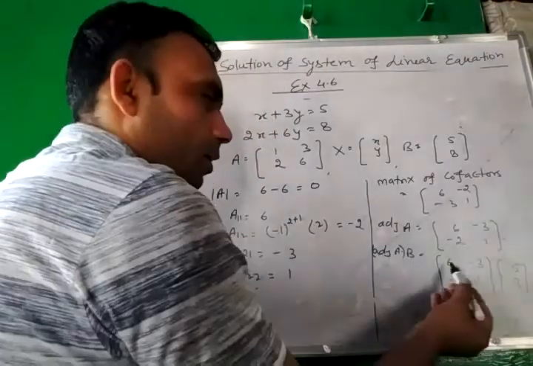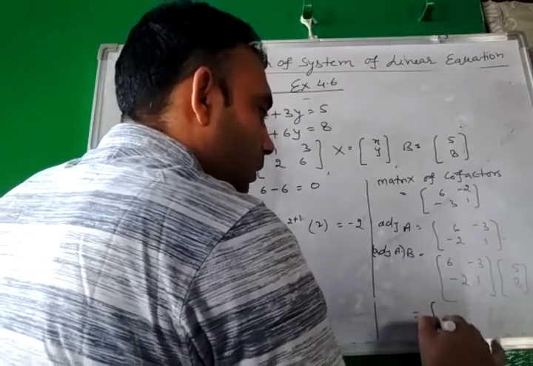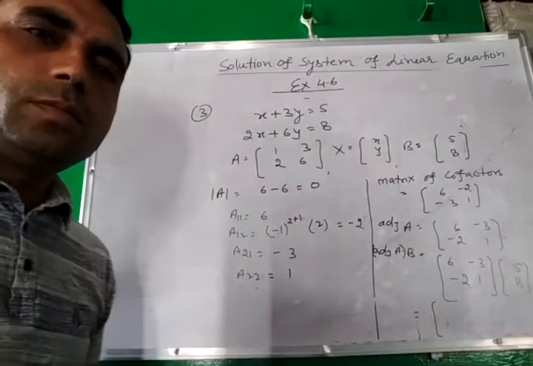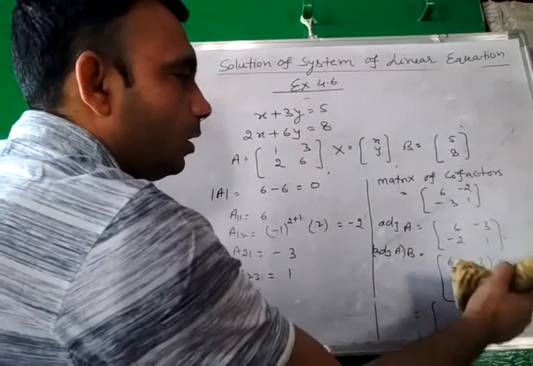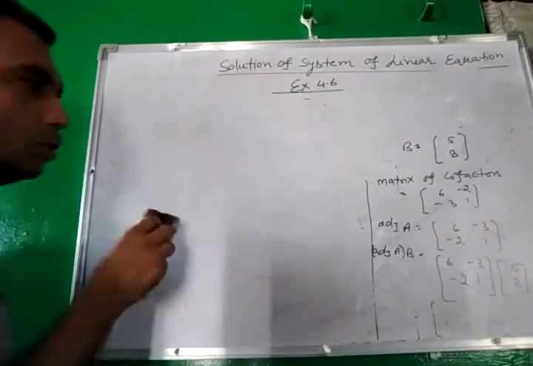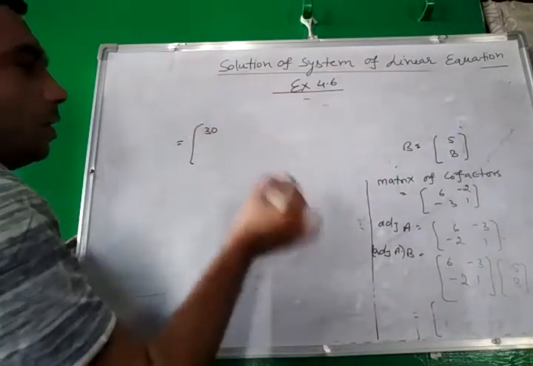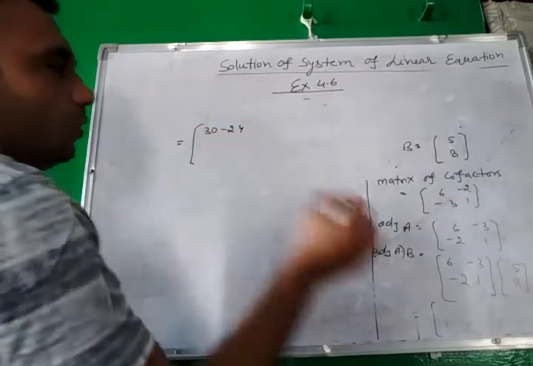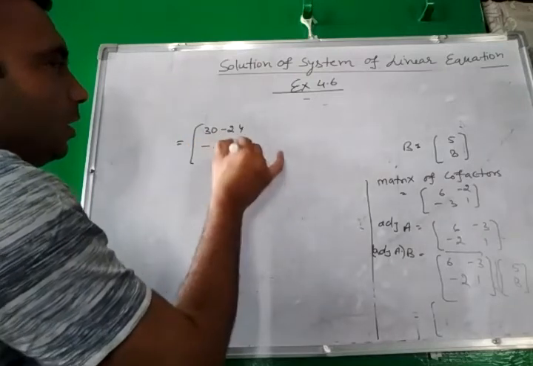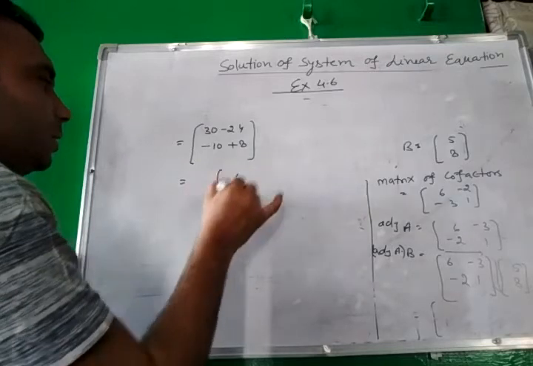So what do we get? 6 times 5 is 30 minus 24, this one, and minus 2 times 5 is minus 10 plus 8. So it is equal to 6 and minus 2.